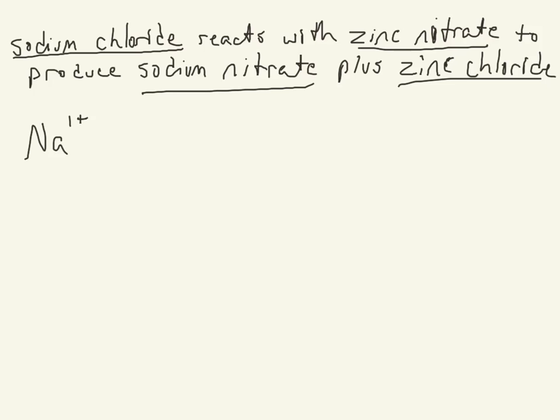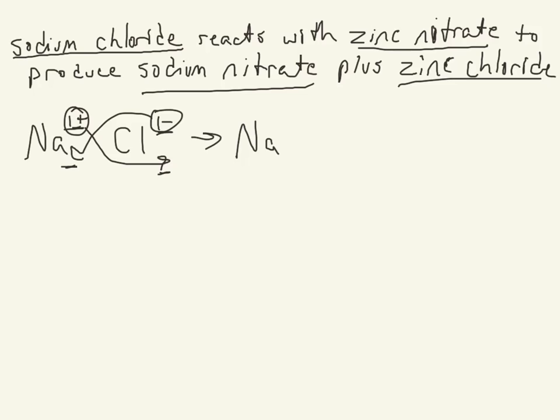We know that chloride is Cl, and it has a 1 minus charge, and we get all this information from our periodic table, of course. When we put those together, we cross-drop charges, and the superscript charge numbers become subscripts, and we drop the plus and minus signs. We don't actually have to write the ones because it's already understood, so NaCl. So that is sodium chloride.